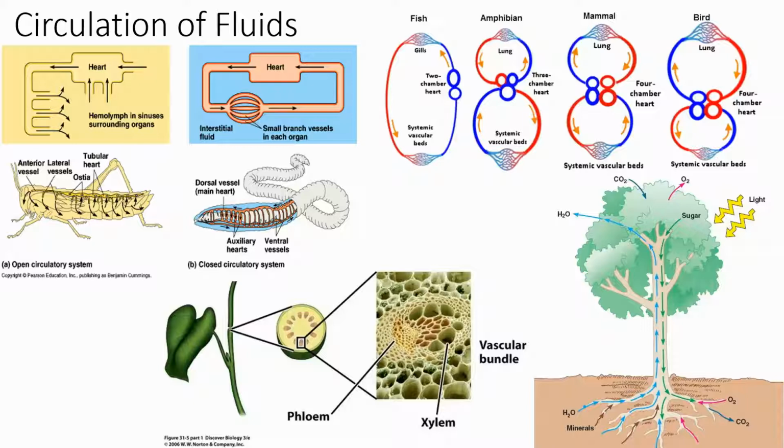So your blood is going to stay in there instead of your blood just circulating around the cells. That becomes even more complex when you look at the circulatory system of fish, amphibians, mammals, and birds. Not only is it closed, but you start seeing these other loops.